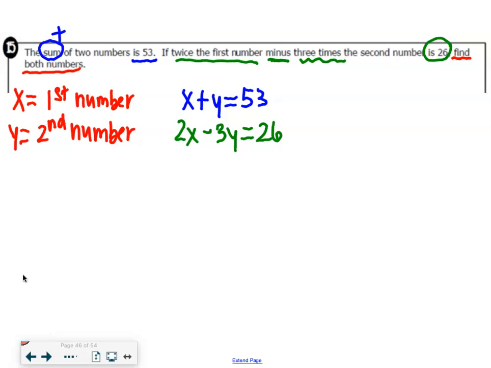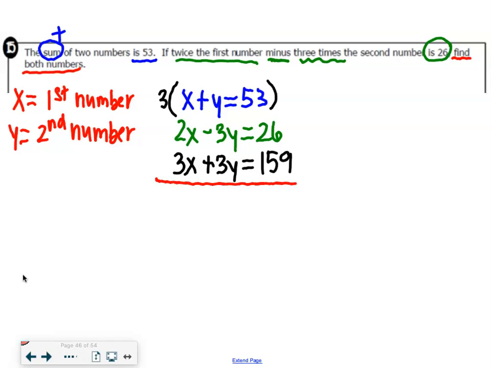But since I have opposite signs on my y's, I think it would just be easier to get rid of those y's because I can multiply the top one by a 3. So if I go and distribute that 3 through, I'll have 3x plus 3y equals, then 53 times 3. Here, let me check what I wrote. It's 159. Perfect.